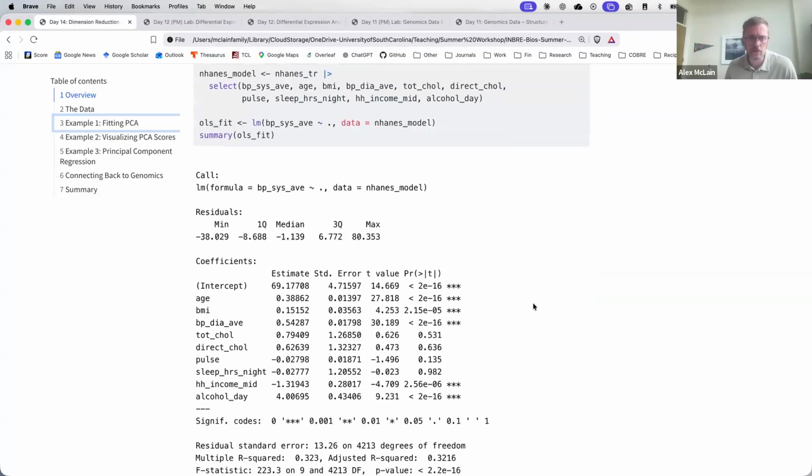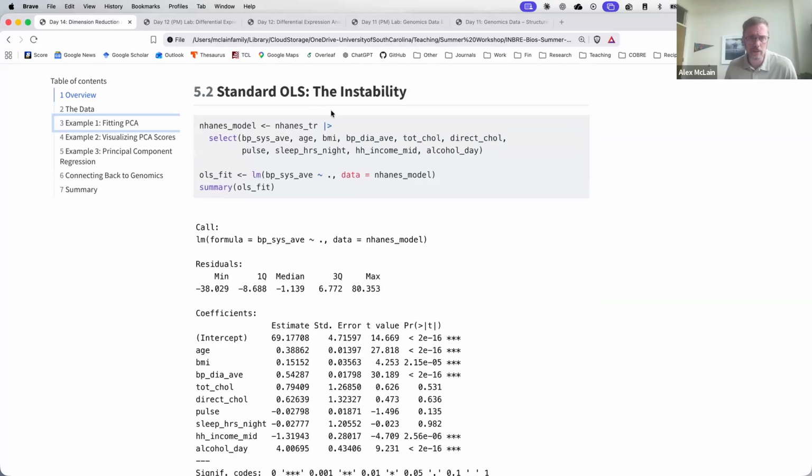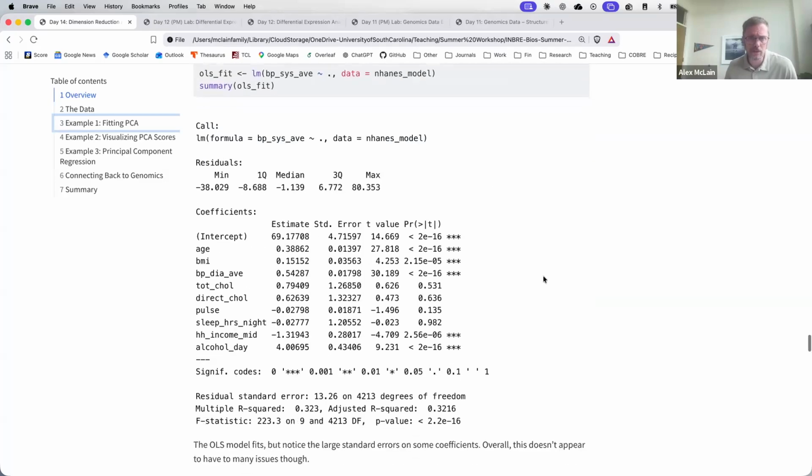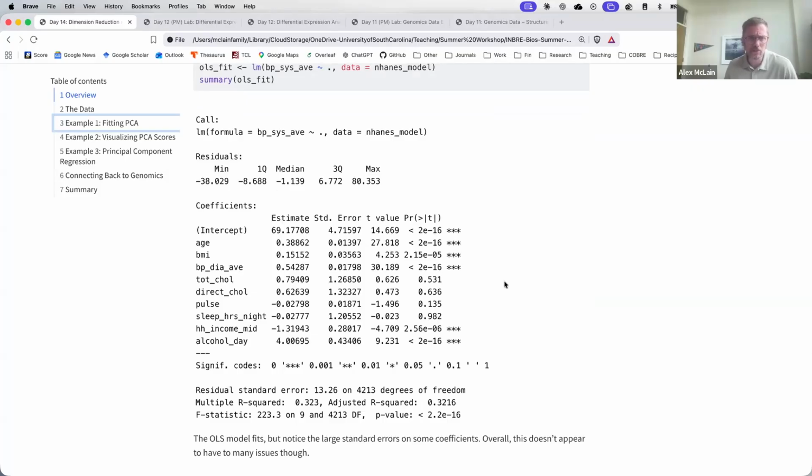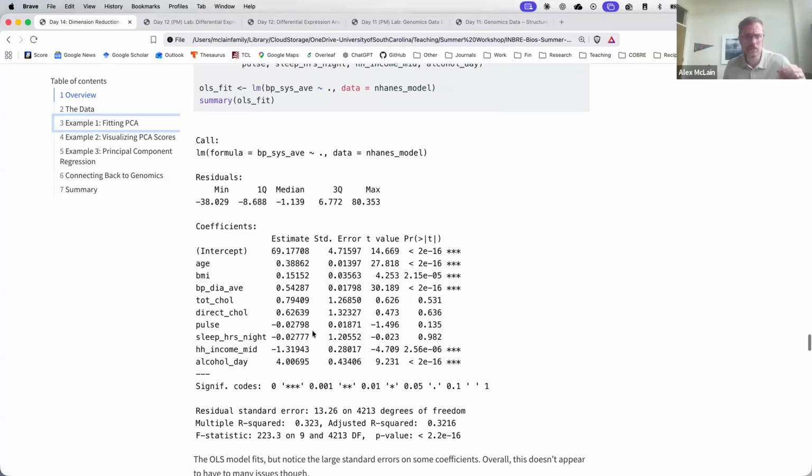So here we're doing standard OLS, and there are some large standard errors for the cholesterol variables and for the sleep hours per night. This is likely due to the scale of these variables, I would say, more than collinearity. All the signs are in the direction that we're interested in.